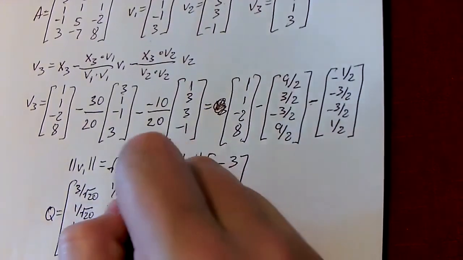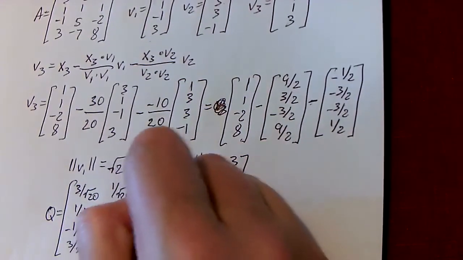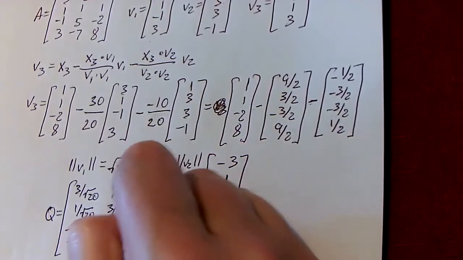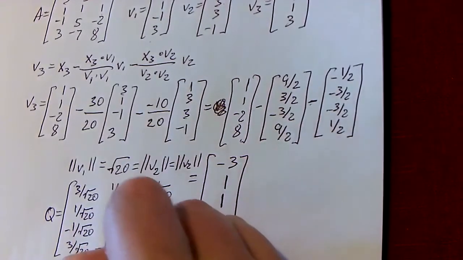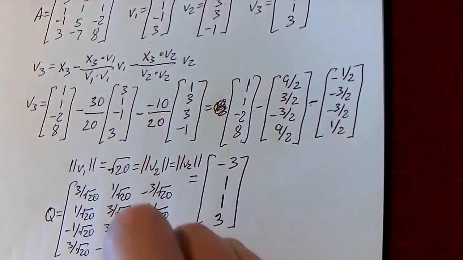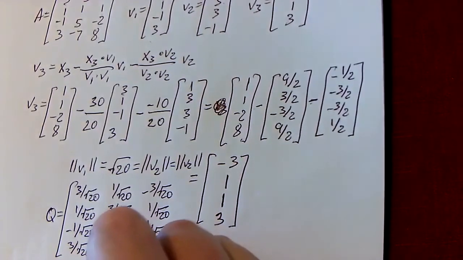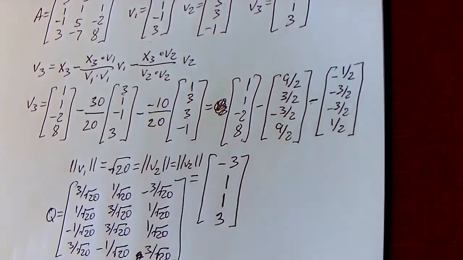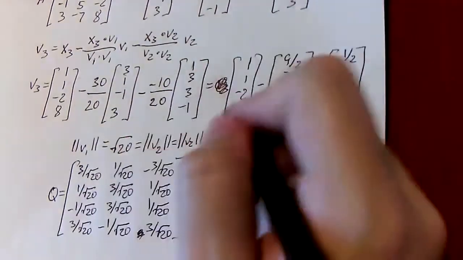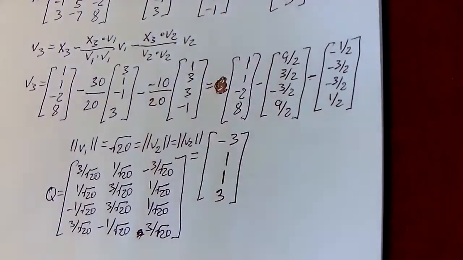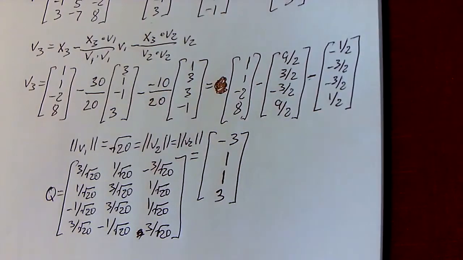Fourth column then is going to be negative 3 divided by the square root of 20, 1 divided by the square root of 20, 1 divided by the square root of 20, and negative 3 divided by the square root of 20. Sorry, that last one is positive. Only made one sign mistake there right at the very end. Okay. So that'd be my matrix Q.